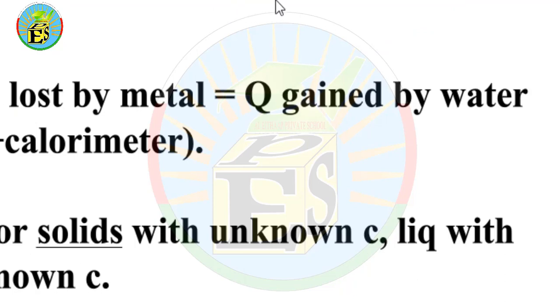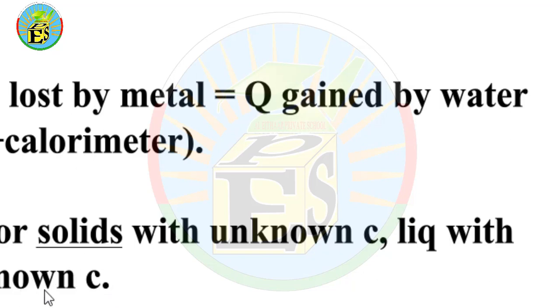Throw hot metal into cold water, then Q lost by the metal equals Q gained by the water. Hot metal and cold water. Inside the calorimeter we measure the temperature differences for a solid and a liquid with known specific heat.